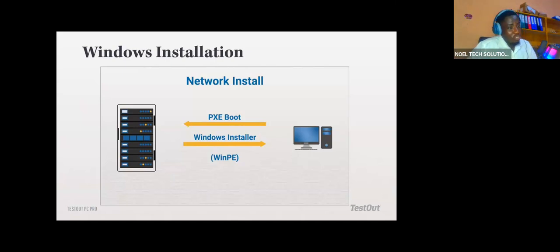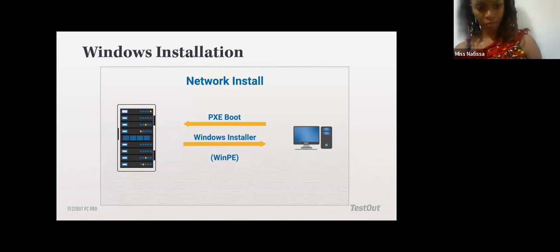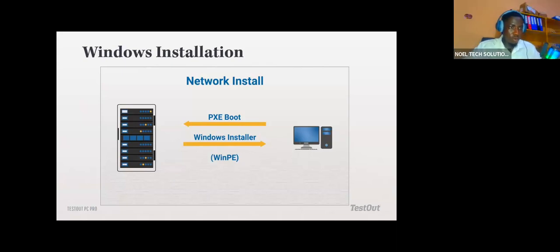It is not the actual Windows operating system, but it is a small version of it that only gives you the features that are necessary for you to install the Windows operating system. Does that make sense? Yes, sir. Okay. Good to know.